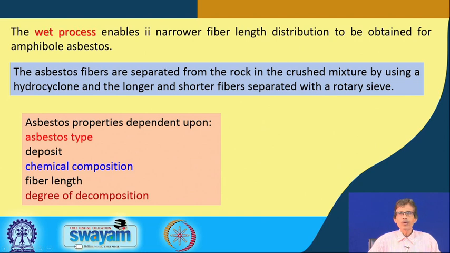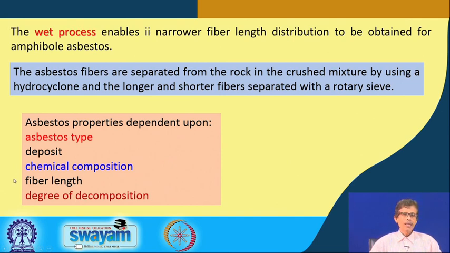Then where we get that particular deposit from, that is, the geographical origin of that particular rock variety. Then obviously the chemical composition: whether you have magnesium, whether you have iron, and how much silicon is there and the silicon structure.